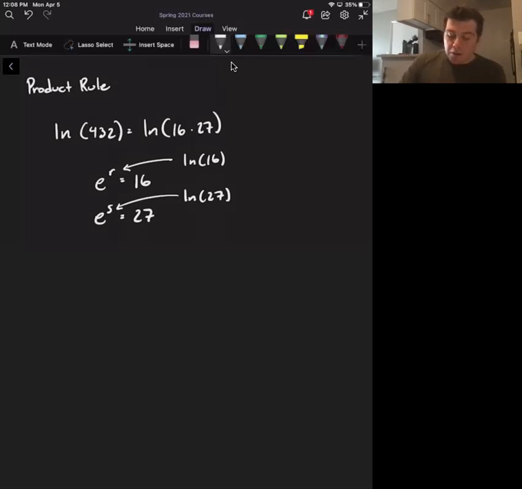Okay, but now that we know that e to the r is 16 and e to the s is 27, we can substitute e to the r in for 16 and e to the s in for 27 in our equation above. So we have ln of 432 equals ln of 16 times 27, which equals ln of e to the r times e to the s.